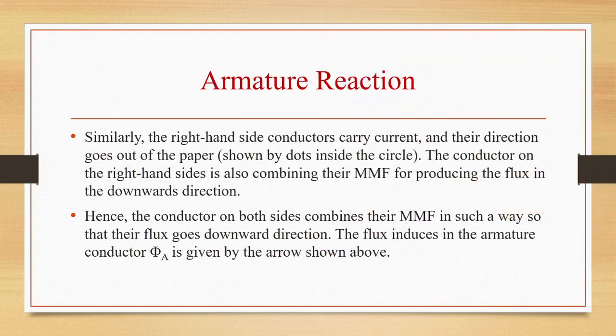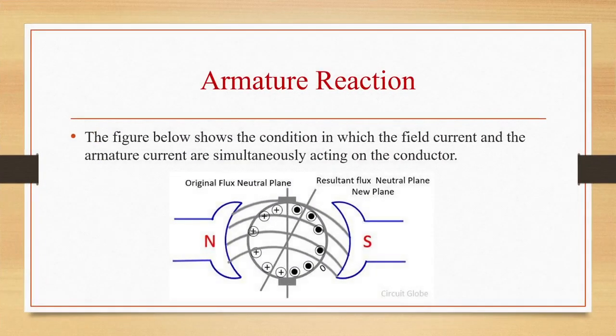Similarly, the right hand side conductors carry current whose direction goes out of the paper, shown by dots. The conductors on the right side also combine their MMF to produce flux in the downward direction. Hence, the conductors on both sides combine their MMF in such a way that their flux goes downward, and the flux induced by the armature conductors, phi A, is given by the arrow.